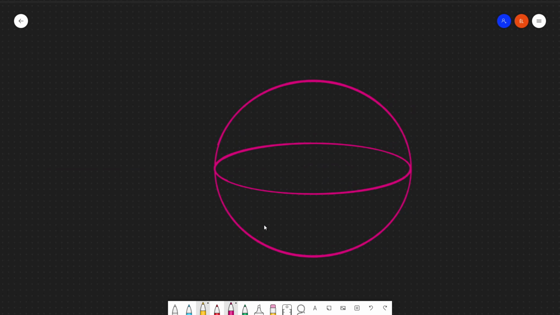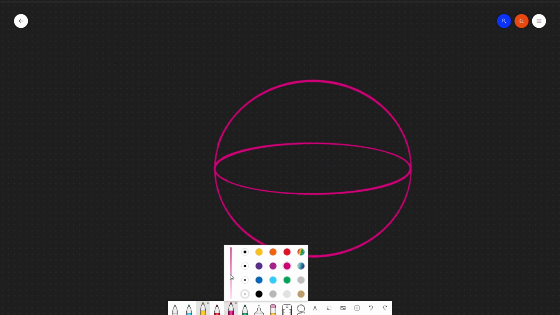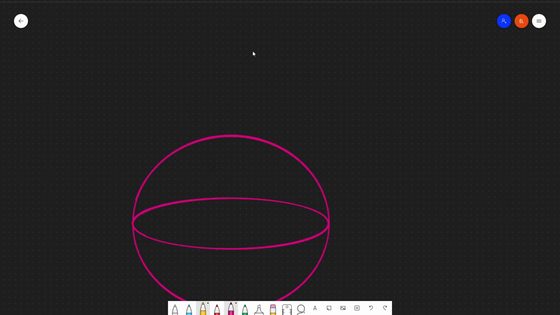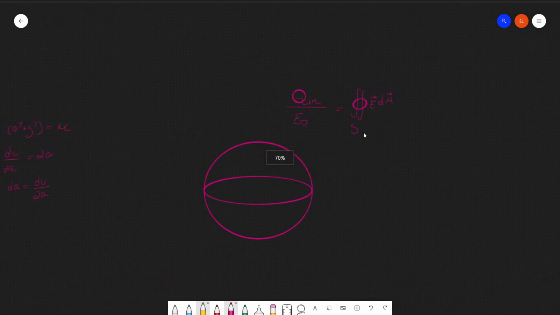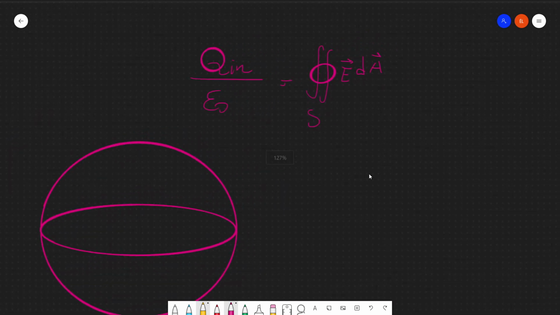So, by Gauss's law, which states that Q in over E0 equals the double integral over the enclosed surface area of E dA. My professor said this is going to be on the exam, so you've got to know how to prove that inside, the electric field is 0 and outside it is given by something.